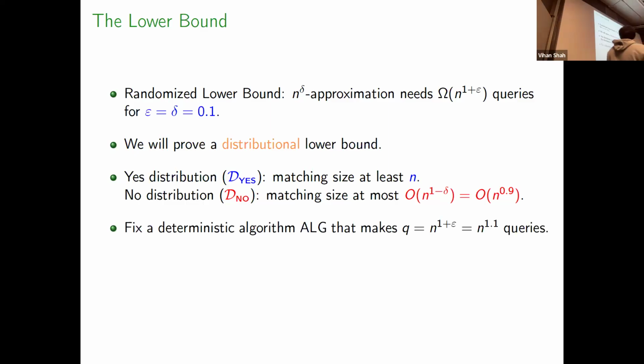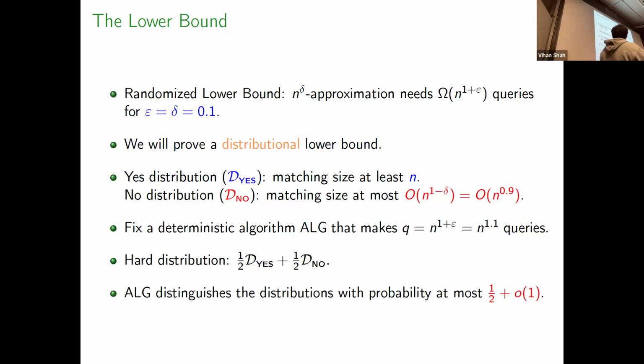But if we fix a deterministic algorithm ALG that makes only n to the 1.1 queries, it will not be able to tell apart these two distributions. So what I'm going to give ALG is this hard distribution, which is half times D yes plus half times D no. This just means with probability half, I'll give you a random sample from yes, and with probability half, I'll give you a random sample from no. And I'll say ALG cannot distinguish between these distributions with probability more than half plus little o of 1.